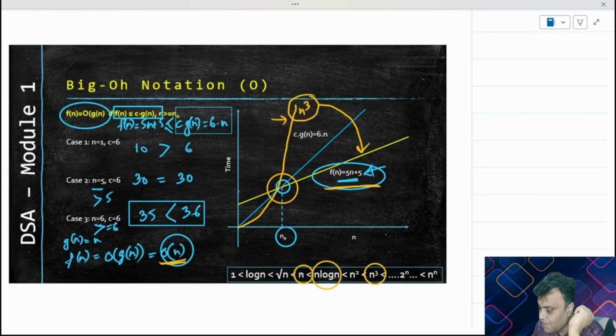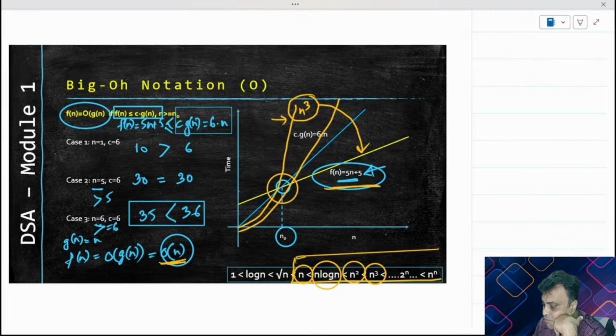N log n will be the upper bound of this function. N square will also be the upper bound, because n square will look like this. So everything on the right of the minimal complexity that you find is the upper bound.